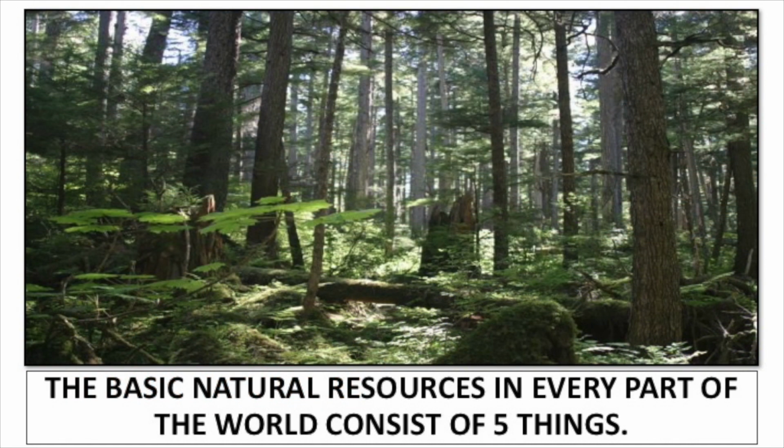The basic natural resources in every part of the world consist of 5 things. We can put everything into 5 groups. Everything that's a natural resource can go into one of 5 groups. So let's have a look at the 5 different groups, guys.